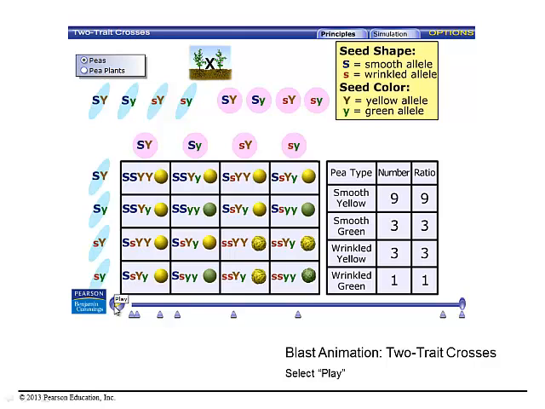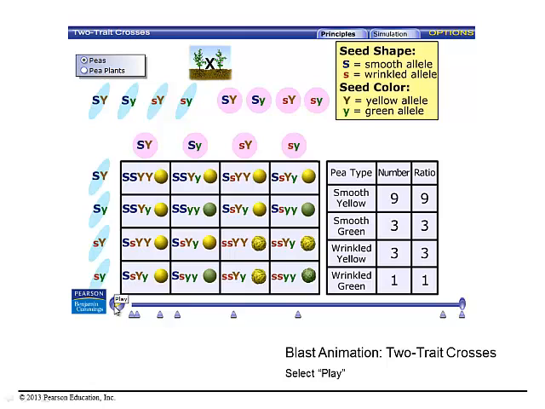Dominant, you're going to see it. Yes? So these are phenotypes. 9 of them are going to be smooth and yellow. What's the other combination? Smooth and green, wrinkled and yellow. So 1 dominant and 1 recessive. And then one of the guys is going to possess what?